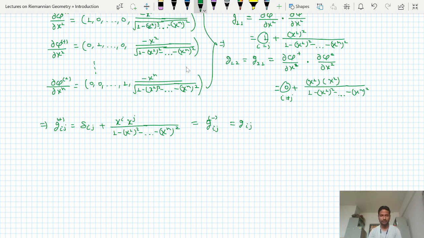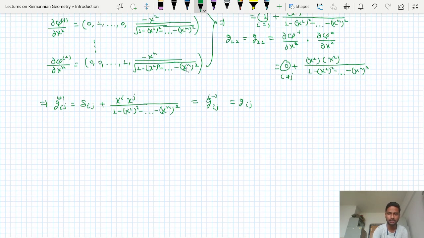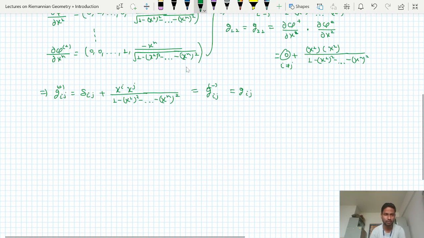Now, if I write the complete metric using this expression, it may look quite complicated. So let me just take a particular case. The particular case is n equals 2.